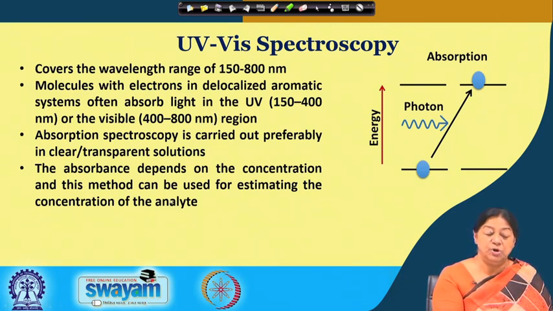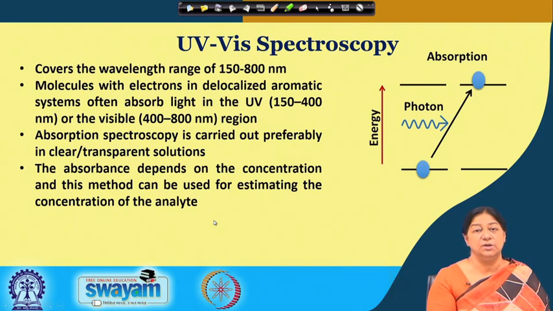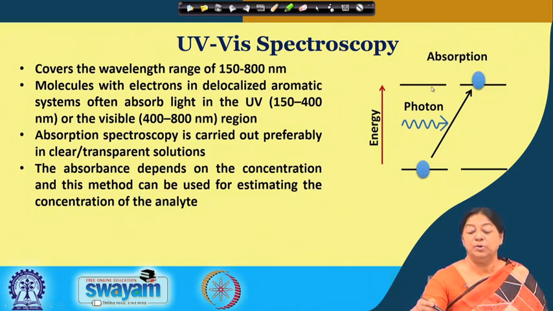As mentioned before, the absorbance depends upon the concentration, and this method can be used to determine the concentration of the analyte. In a very simplistic way of understanding this, we have a specific electron in a substance that is going to be put up into a higher excited level. So, we have a ground level, an excited level, and photon absorption.